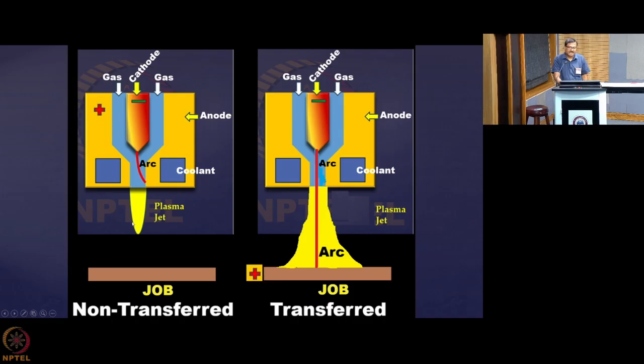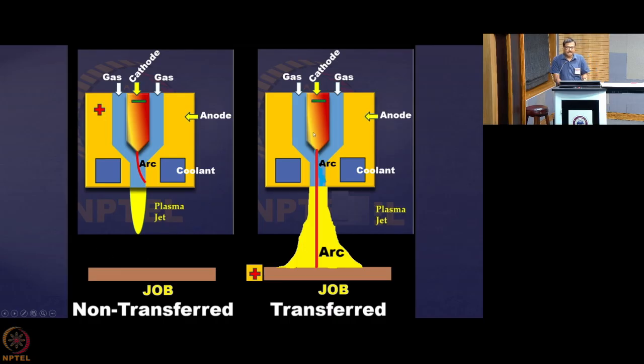So this plasma jet is current free, and whatever heating is happening, is happening within the device, not outside the device. So this kind of configuration, where the arc is between the cathode and the anode and not connected to the job, where the current is not transferred from the cathode to the job, so there is no current in the job, is called a non-transferred arc.